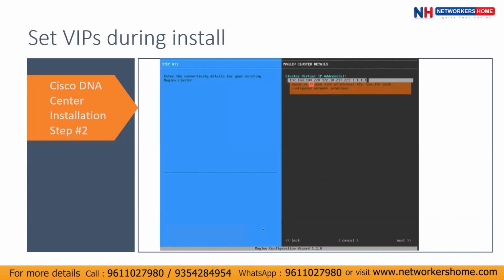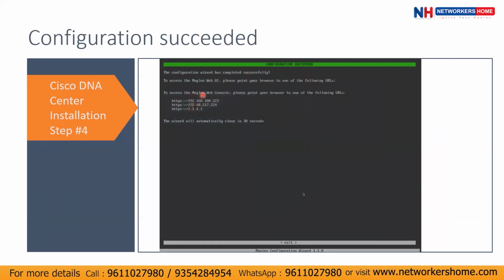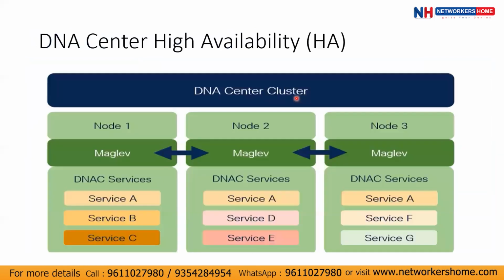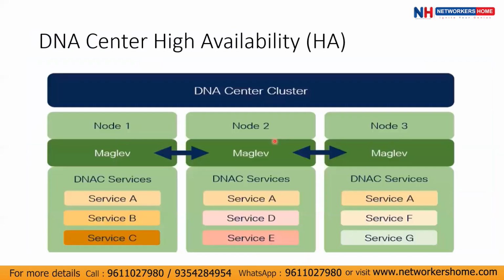That is the virtual IP address, which will be useful for your high availability, your Linux password, your CLI password, and the administrator passphrase, that is also a password. And once you're done with the IP address configuration, you will see this type of message: configuration succeeded. So that is how the Maglev configuration works.